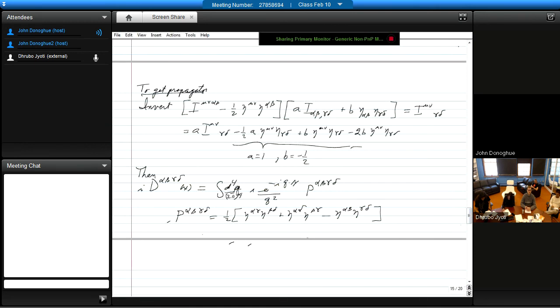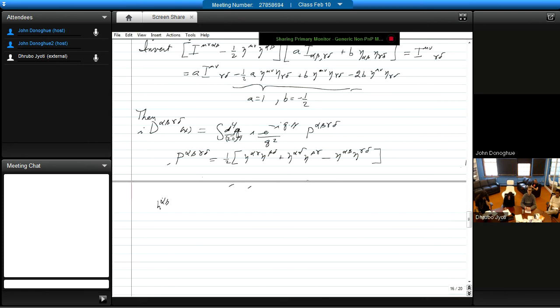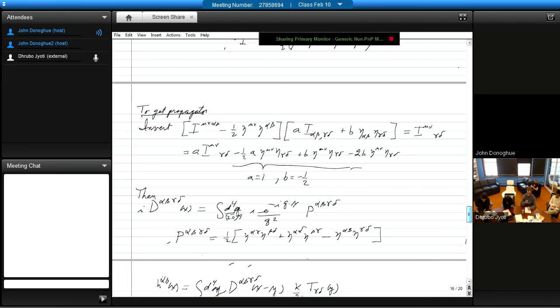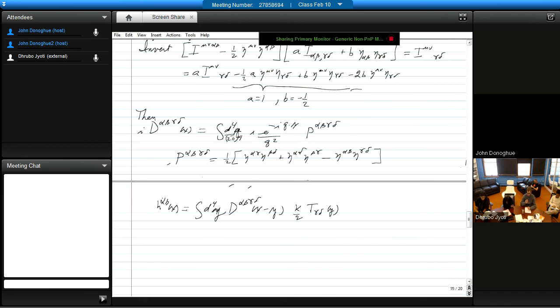So if I define that, then we satisfy that h alpha beta of x is the integral d4y D alpha beta gamma delta of x minus y, kappa over 2 T gamma delta at y. Okay.